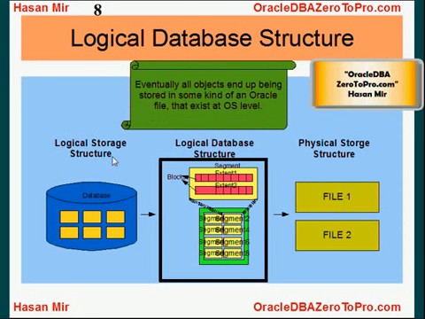Eventually all objects end up being stored in some kind of Oracle file that exists at the operating system level. Now, the only thing that exists at the operating system level are files. There would be a few database files, and everything would be in those files. But when users take a look at things, users will only be looking at database objects, like tables. A user would be able to say select all columns from that table.